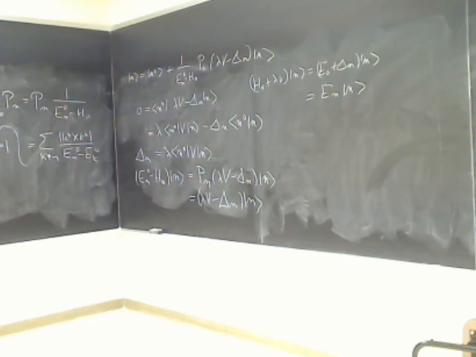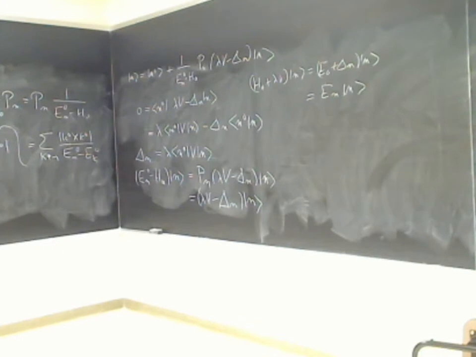And so what we want to do now that we've set the stage is write delta n, which is the energy shift of the nth level, as a power series in lambda, and expand the unnormalized exact nth eigenstate of the total Hamiltonian.